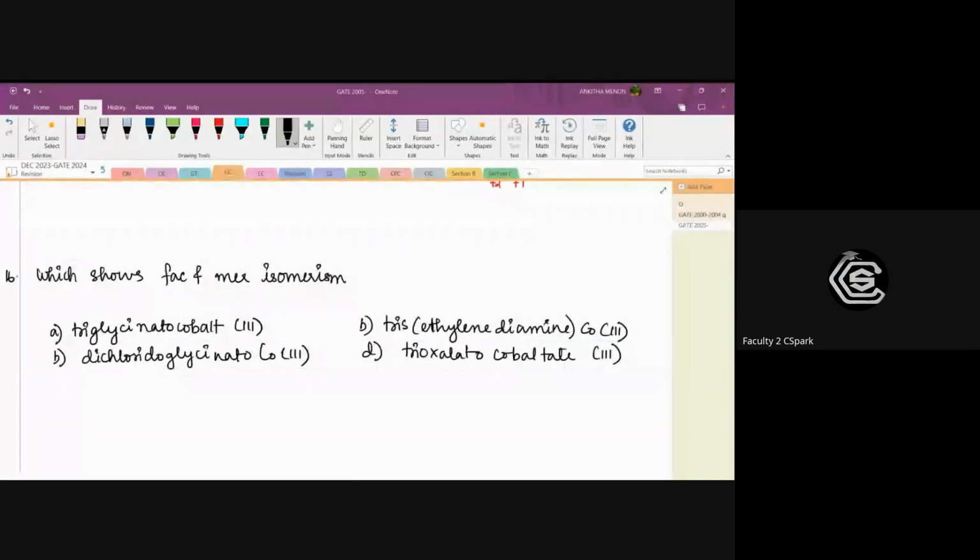In which of these is fac-mer isomerism possible? So you already know that we have both facial and meridional isomerism when at least one donor of the ligand is 3 in number. Which option is correct?